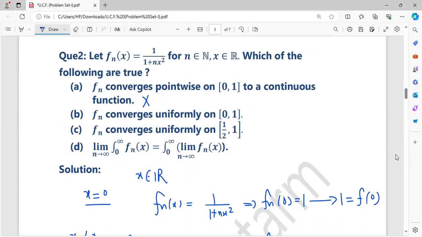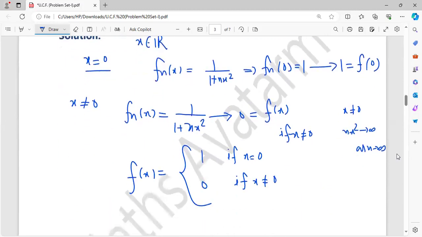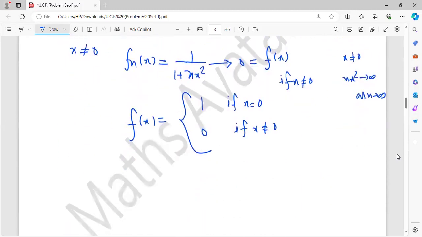Now, f_n converges uniformly on [0, 1]. Okay, now see this. Suppose I am taking x_n equal to 1 upon under root n. So this is not a 0 point.